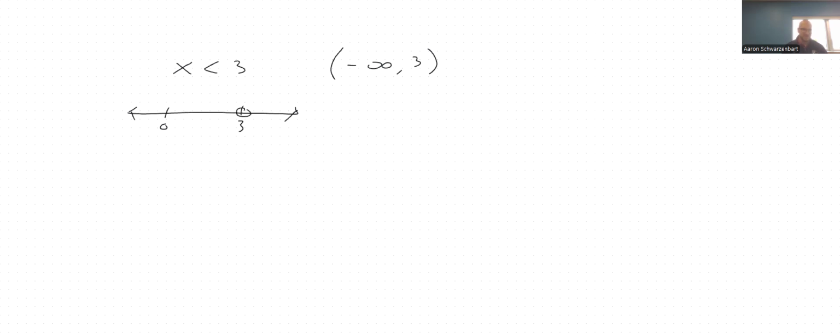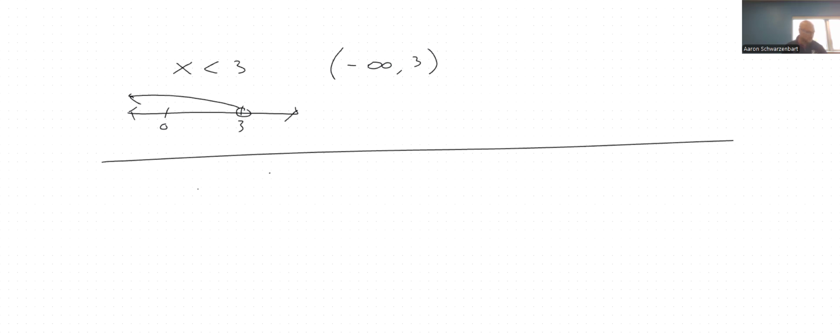It's an open circle facing that way. So is this. Open circles correspond with parentheses. Here's another one. Or equals correspond with closed circles. If you're graphing on a number line, this is perfectly okay.